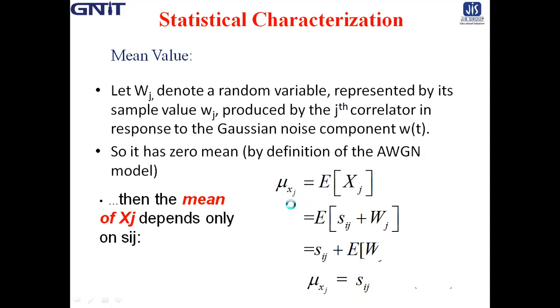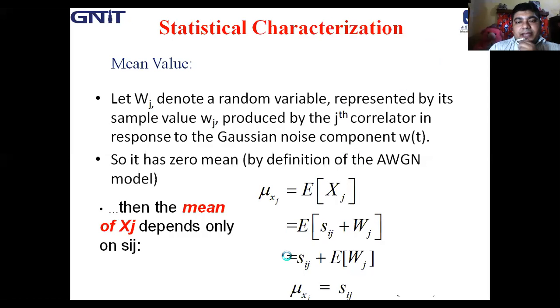So mu of Xj, that is the mean of Xj, the expectation of Xj, means the expectation of sij plus Wj. Therefore, the expectation of sij is nothing but sij.